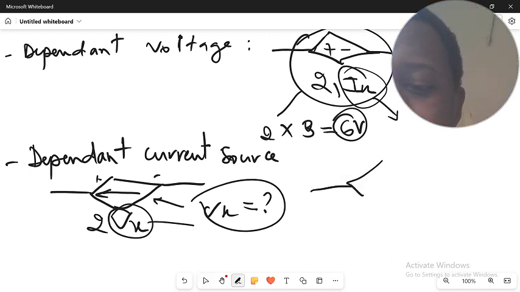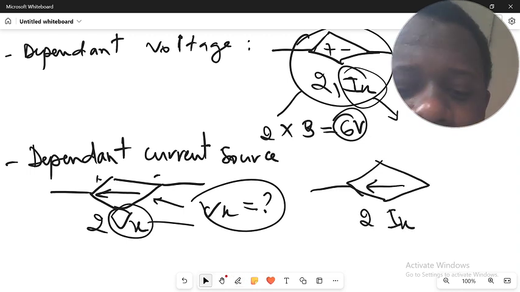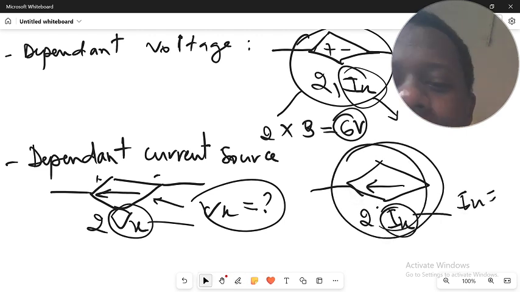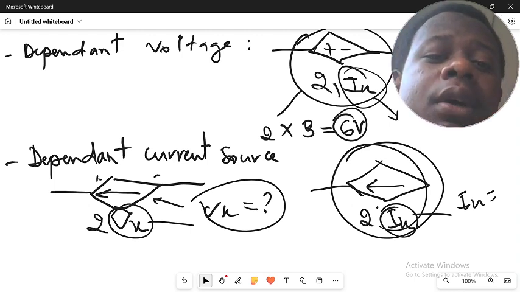It can also be a current which depends on parameter Ix, meaning a current-dependent current source. This means that if I have the value of Ix, I can directly determine the current of this source. That's the different types of source.